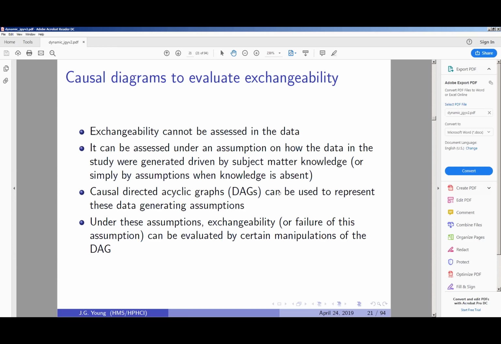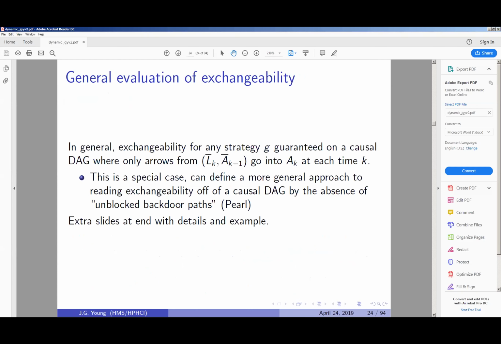So this might be a reasonable assumption if U is, say, a genetic factor, and the doctor also knew nothing about those genetics. They had no measurement of those, and they only used past L's and A's to assign treatment. But if this U is something the doctor saw to determine treatment that we just happen not to have in our data set, we'd need to draw an arrow from U into A, and again, the absence of it is an assumption.